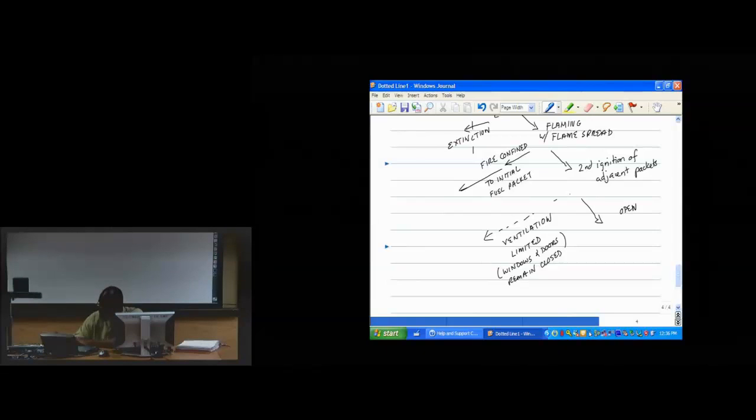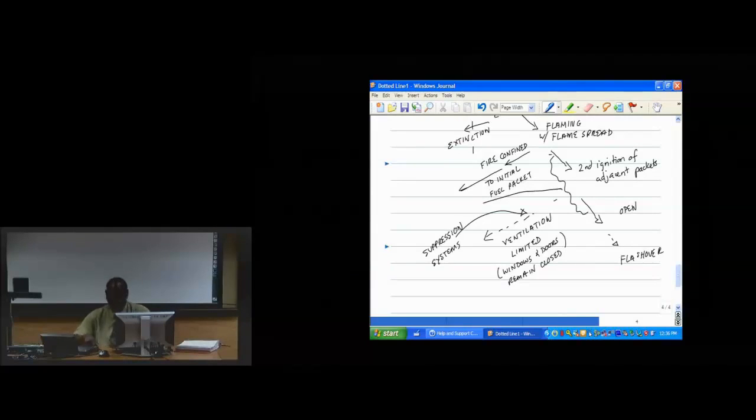Now, hopefully, whether it's ventilation limited or not, from a mitigation perspective, there are other types of suppression systems that may be able to detect the fire and activate and cause this whole process to be swept towards extinction.